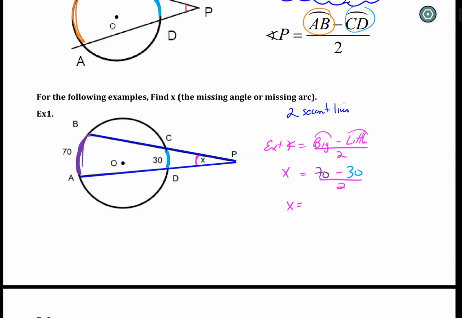Now we can solve. 70 minus 30 is 40, divided by 2, so we get 20 degrees for that exterior angle, which is equal to angle X, or angle CPD, or even BPA. Any variation of that is fine.